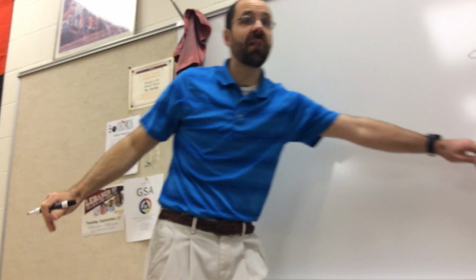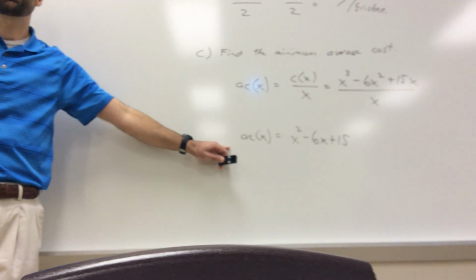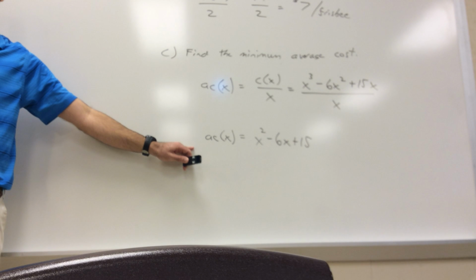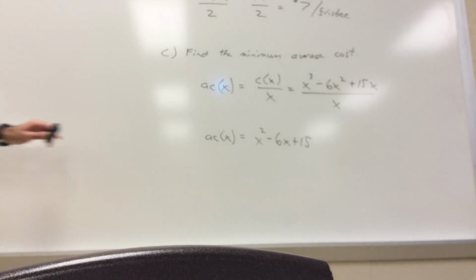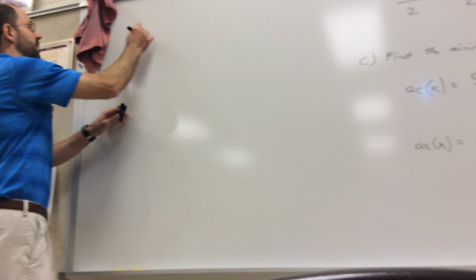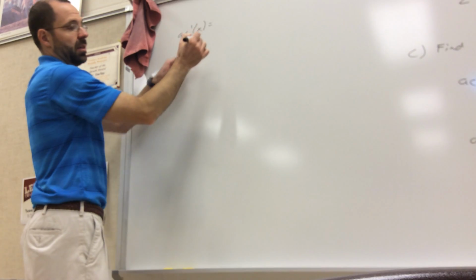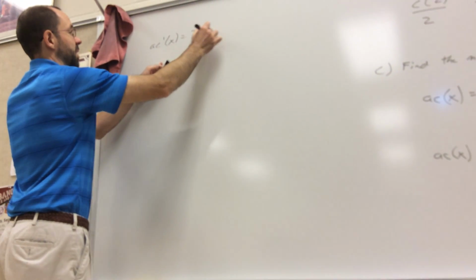Okay, so now I've got my average cost function. So how do I find the minimum average cost? Take the derivative, set it equal to 0 and undefined, right? Anytime you have a function that you're trying to minimize or maximize, that's the procedure. So I take the derivative of average cost, and that's 2x minus 6.